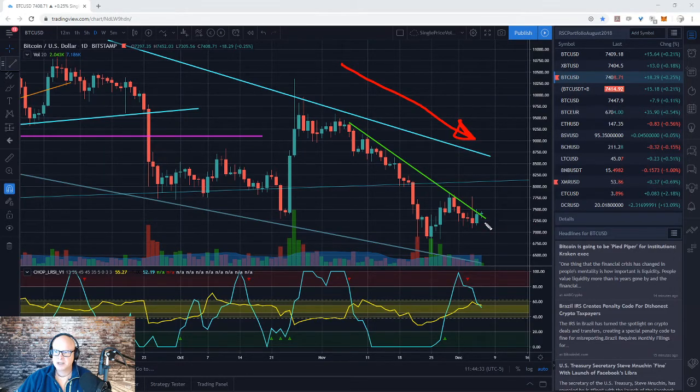So the highest probability at this point is that we set up a lower high and roll over again and maybe revisit 6,500 again. That's the highest probability. That doesn't mean that that's going to happen. The other possibility is that we break above 7,500 on some kind of good news, and then form a higher high, and then start to press against this upper range.